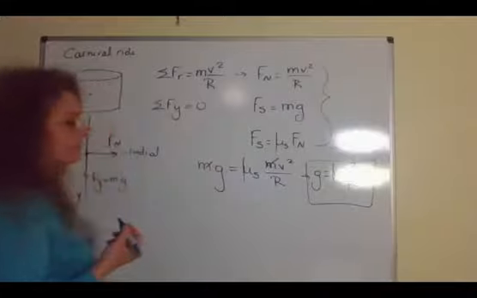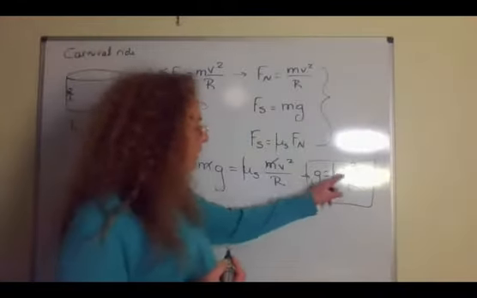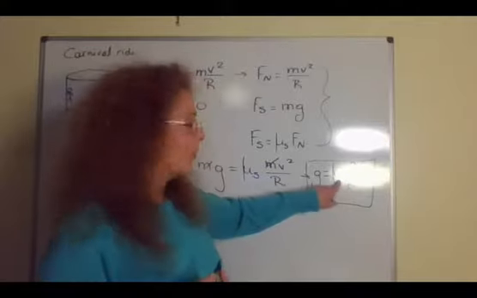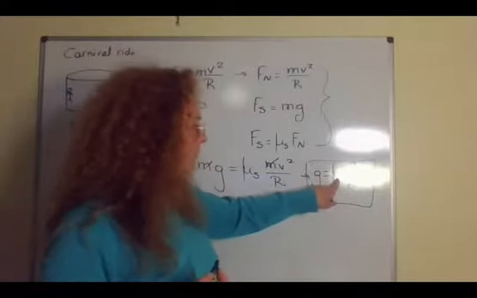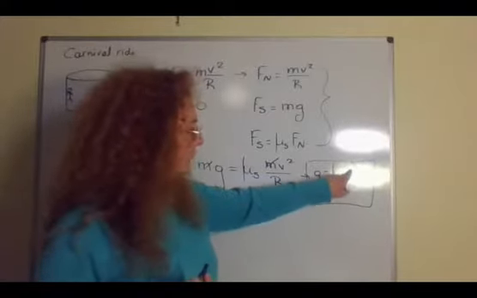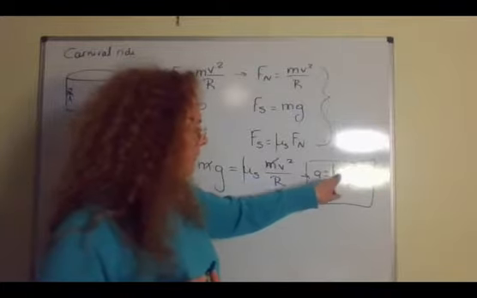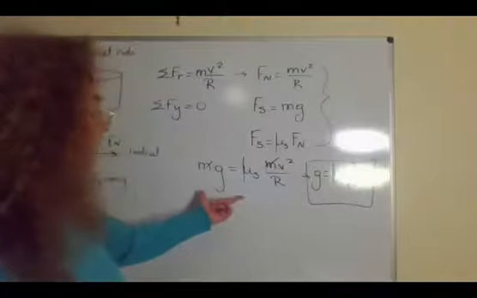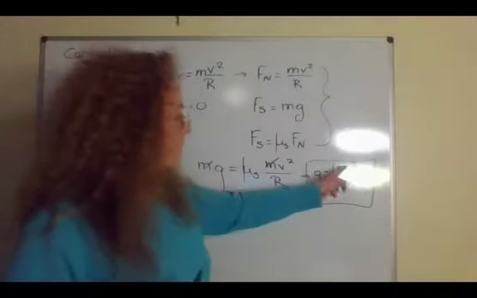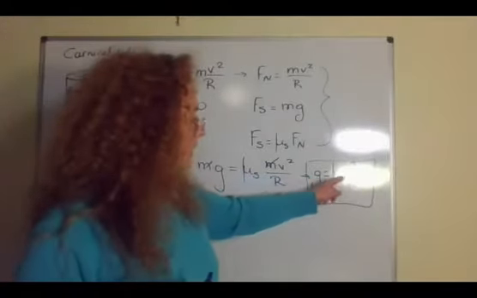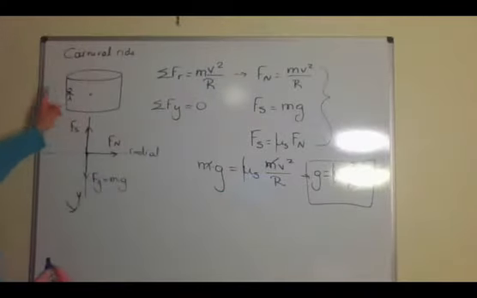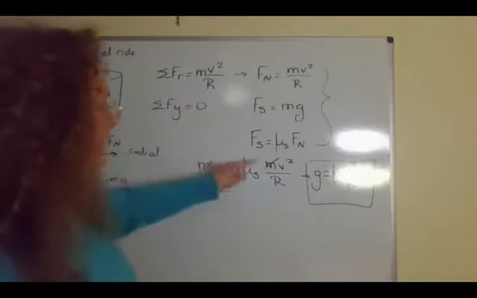Now, they can either give us the speed and the radius and ask for the coefficient, or give the coefficient and the radius and ask for velocity, or give velocity and coefficient and ask for the radius. What is important is that we see that the velocity of this ride has nothing to do with the mass.